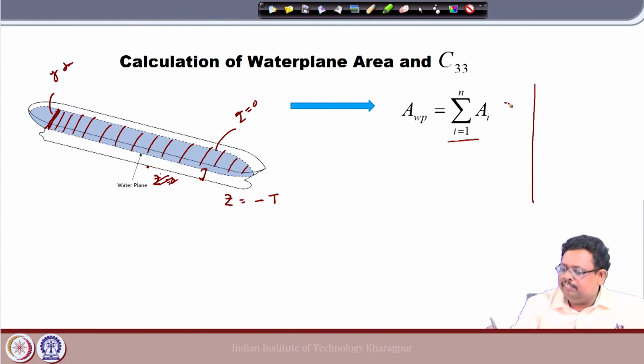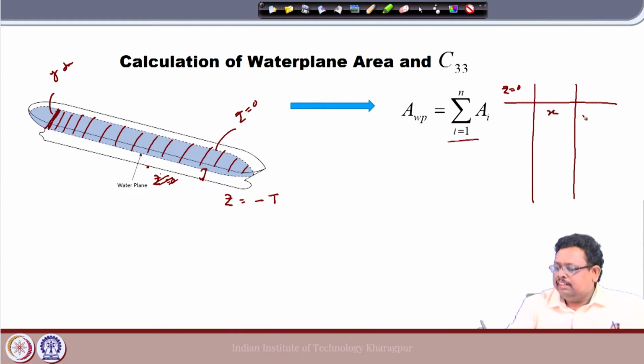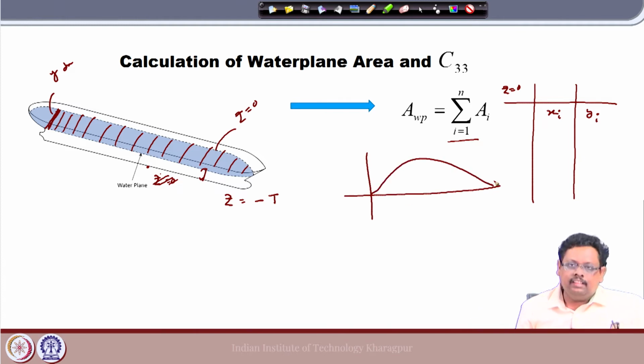Now in this table, with the vertical z equal to 0, we have a table for x and y. That means at each x location, x i, we have the y i. If you plot it, you get a graph that might look like this, where at some point x i, this is your y i.